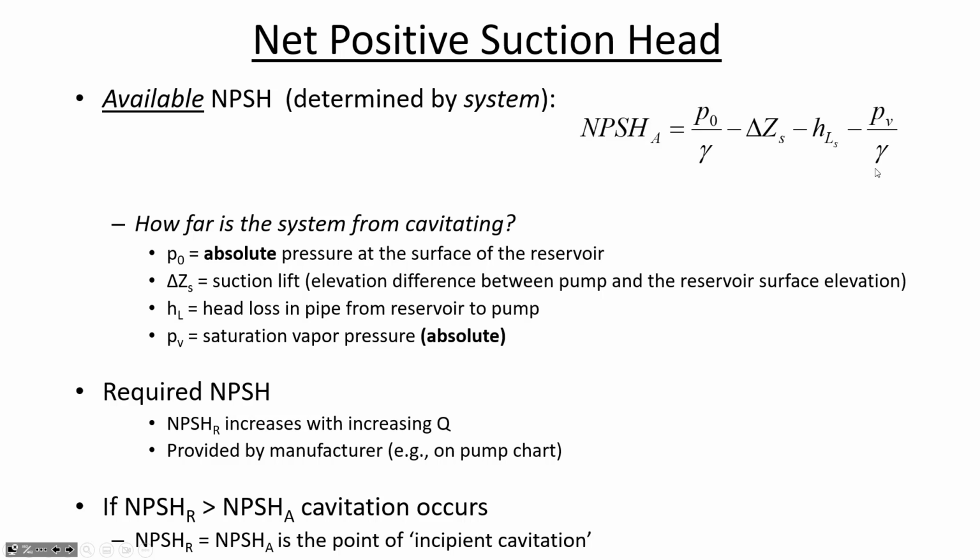What's more risky for cavitation, warm water or cold water? Warm water, that's right. And it's more risky for cavitation because the vapor pressure is higher for warm water, and therefore this last term is going to take away from the atmospheric term more strongly if the vapor pressure is high.